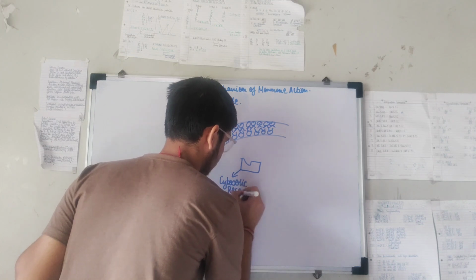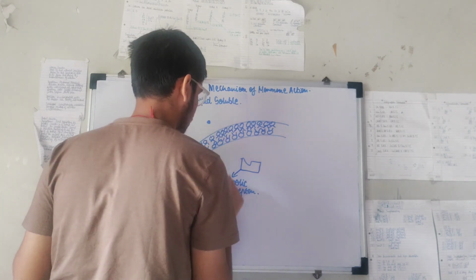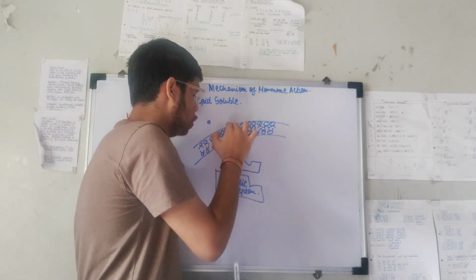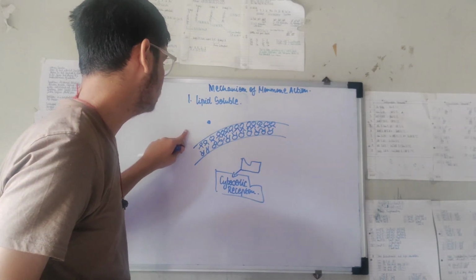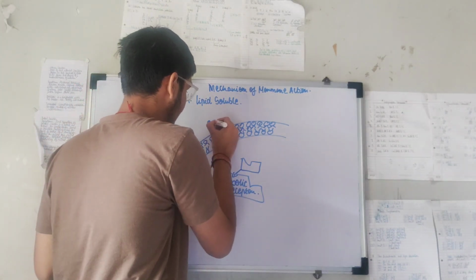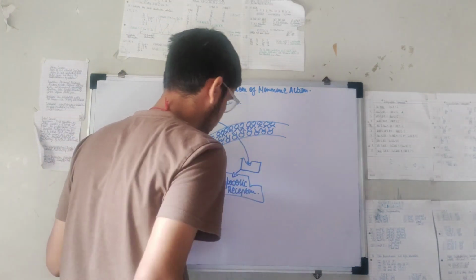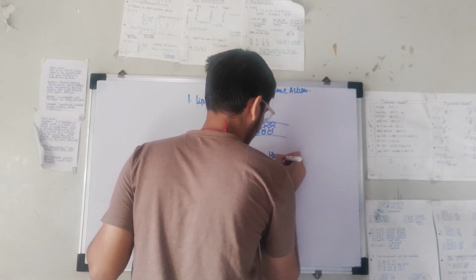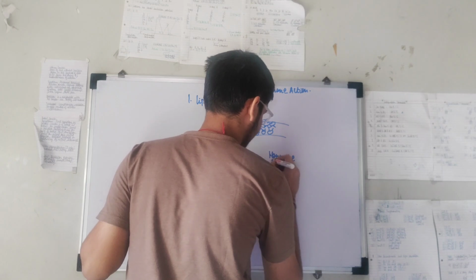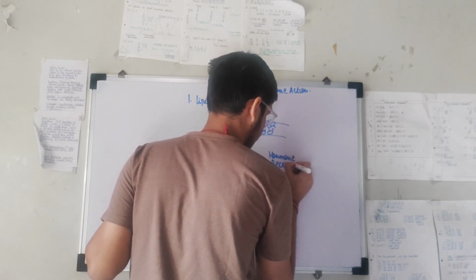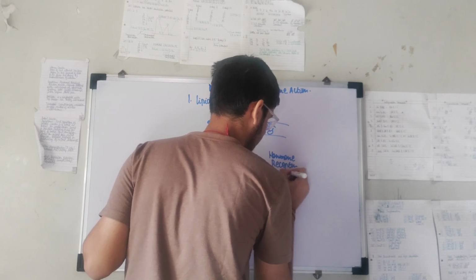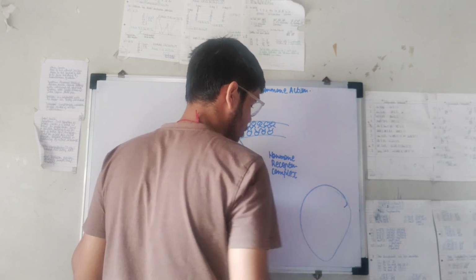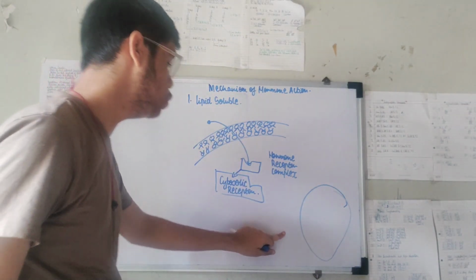The lipid soluble hormone penetrates through the phospholipid bilayer and gets attached to this, forming a complex, that is the hormone receptor complex. Simple it is.